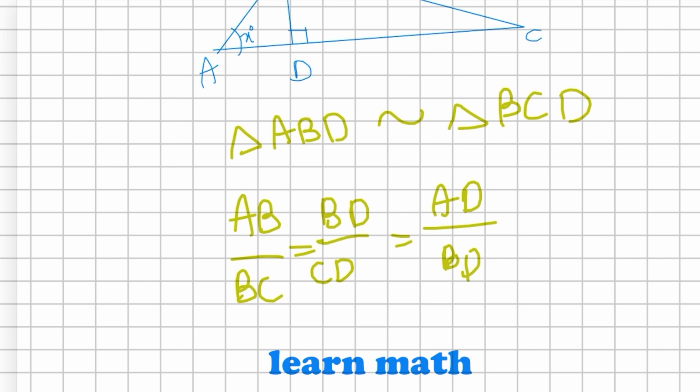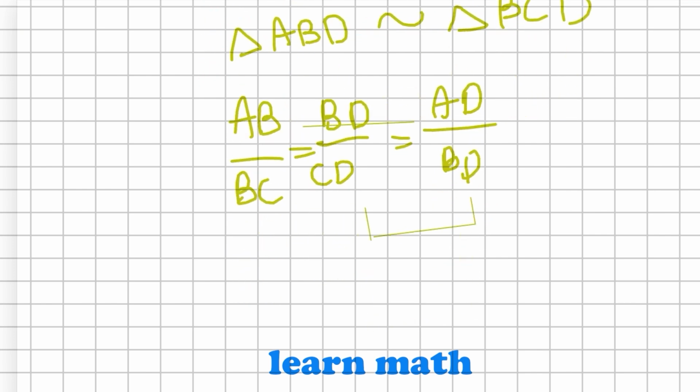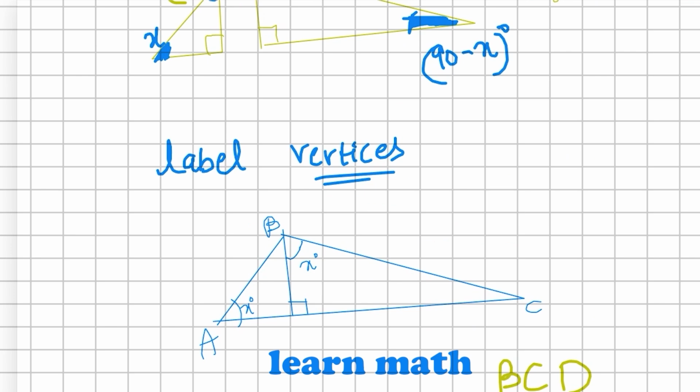Now look at these two fractions. BD and BD are common. BD is the altitude.